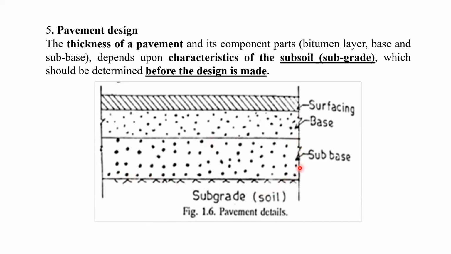Then the sub-base material, the base and the surfacing. So the thickness of the pavement and its component parts, bitumen layer, base and sub-base, depends on the characteristics of the subgrade soil, which should be determined before the design is made. That means being geotechnical engineers, we have to study the properties of the soil and then design the thickness of the pavements. Without knowing the quality of soil and the properties of subgrade materials, if you construct the roads, geotechnical field problems will arise.